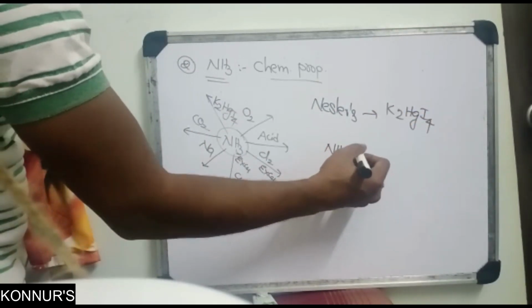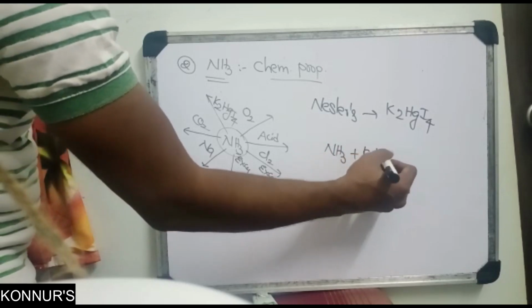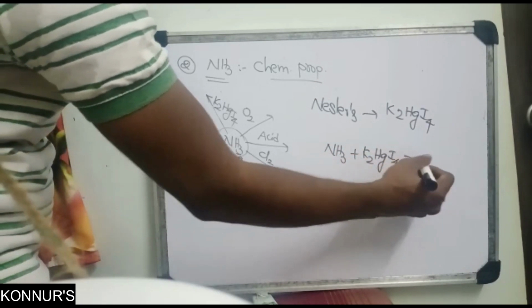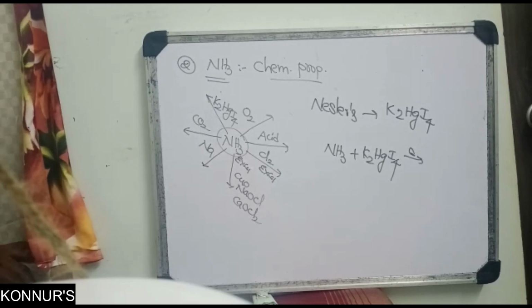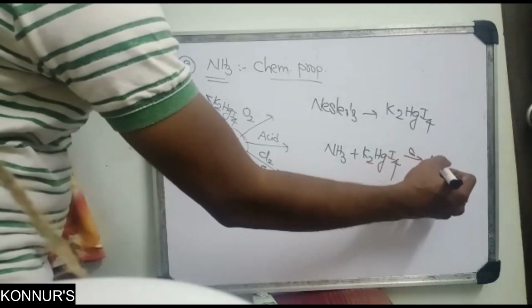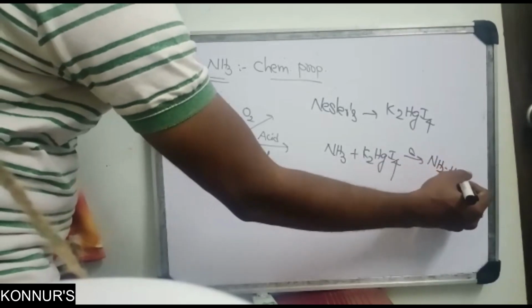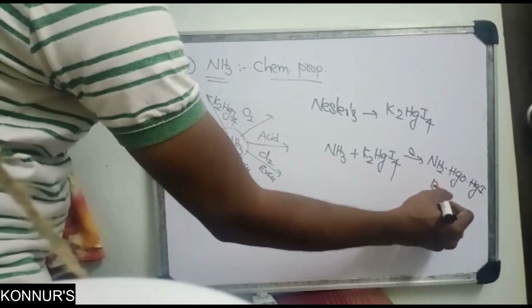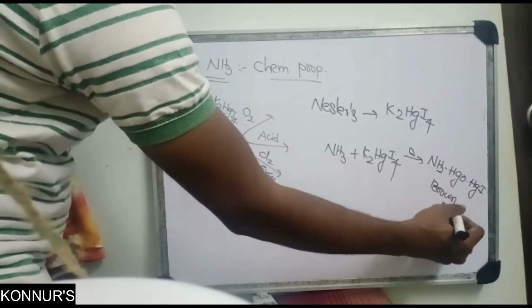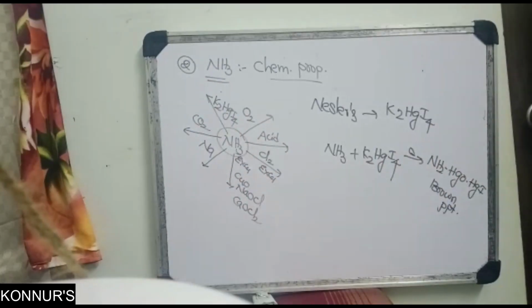Suppose ammonia reacts with K2HgI4, then you will get a brown precipitate actually, NH2HgO HgI. So brown precipitate. Based on this, this is the identification test for ammonia.